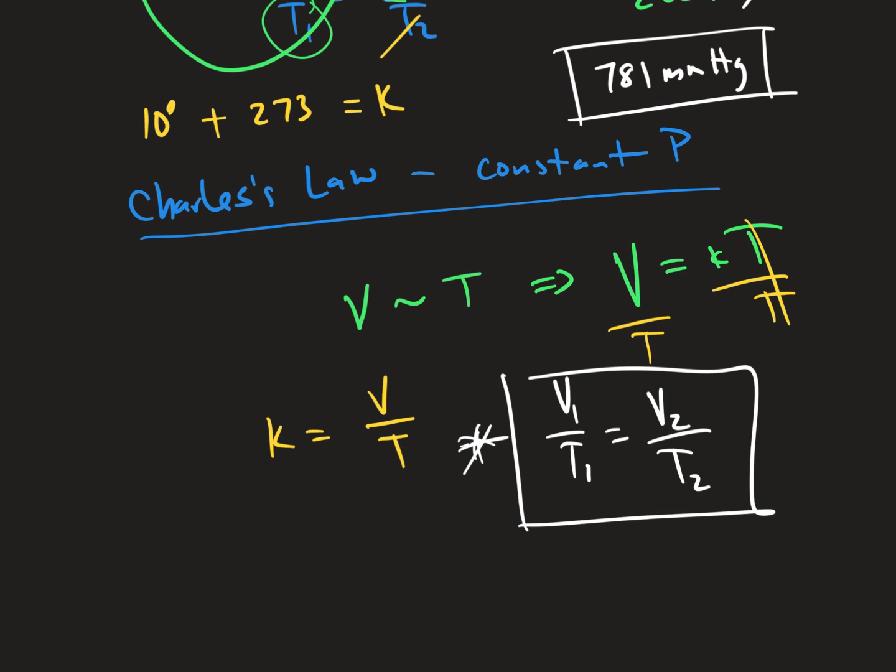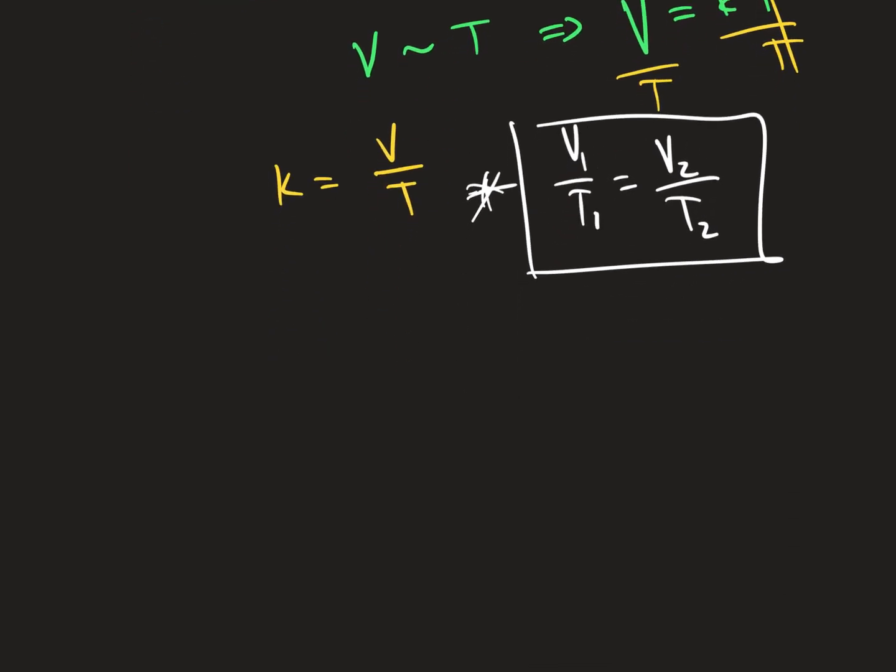And we could do a problem similar to the last ones. Let's do one. Okay, so we have a hot air balloon. Oh, we're dealing with hot air balloons in this one. Why do hot air balloons rise? Because hot air is less dense, right?